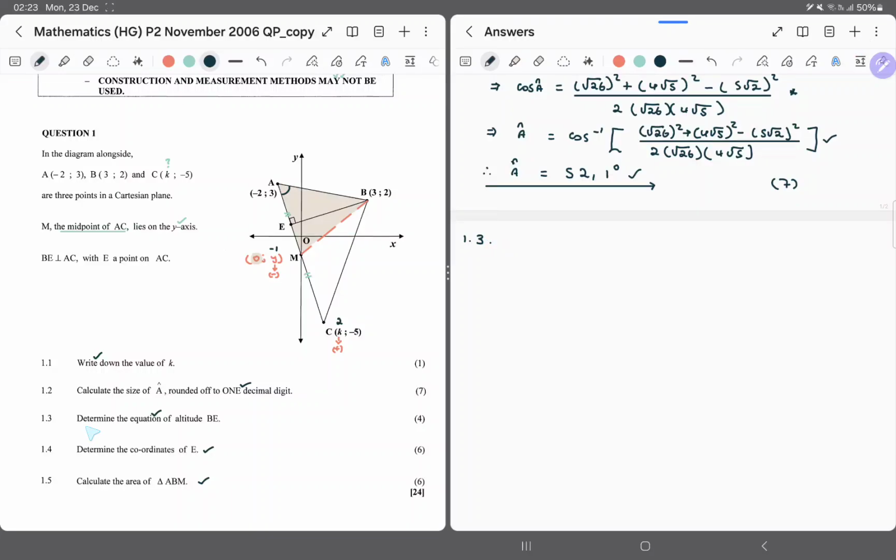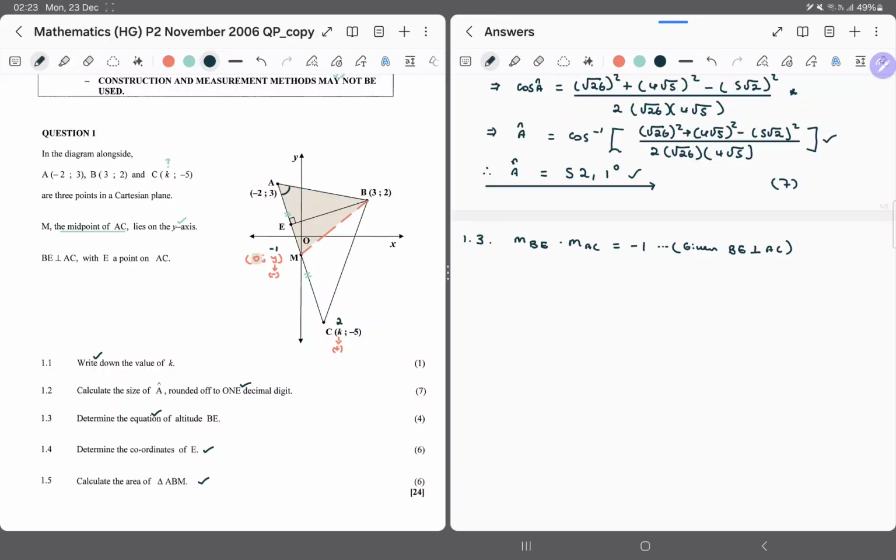So what do we have? We are to determine the equation of BE. Okay, not a problem. So we know here, first of all, that the gradient of BE multiplied by the gradient of AC should be equal to -1. Now, why is this? It's because we were given that BE is perpendicular to AC.